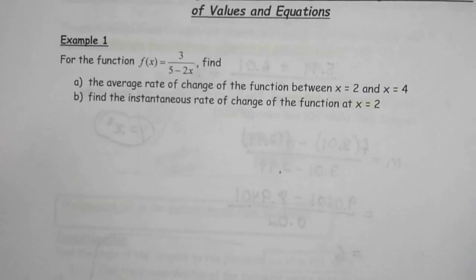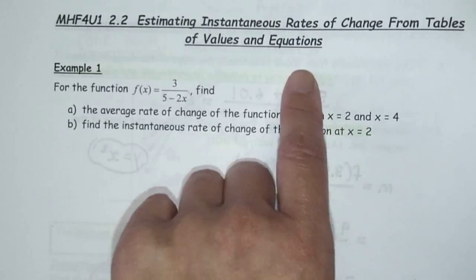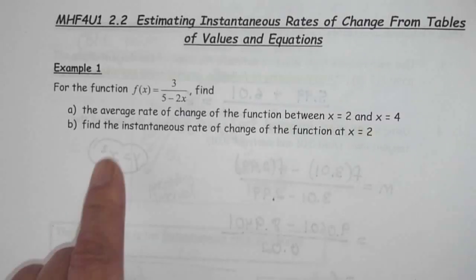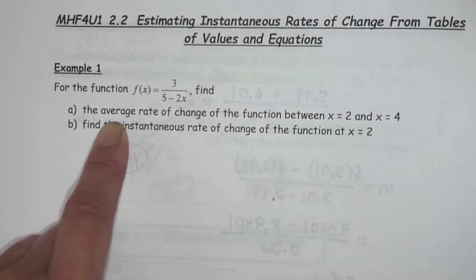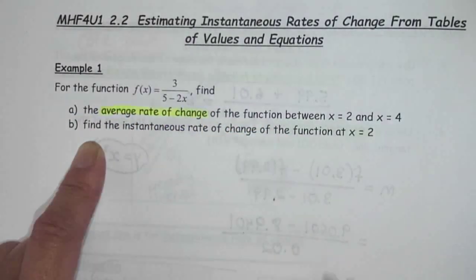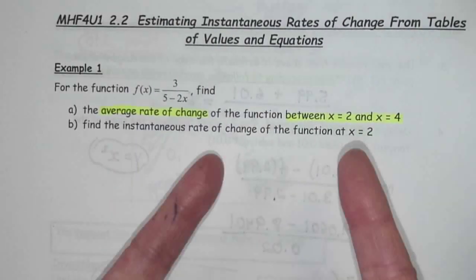So our example is putting together the idea of instantaneous and comparing it to the secant line, which was the average rate from 2.1. This question asks for the average rate of change from yesterday's 2.1 between 2 and 4. So that is between two values, right?